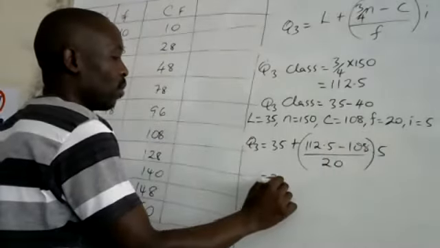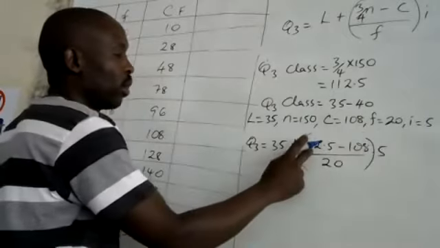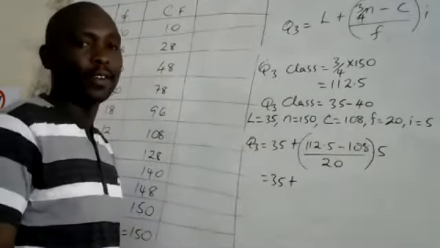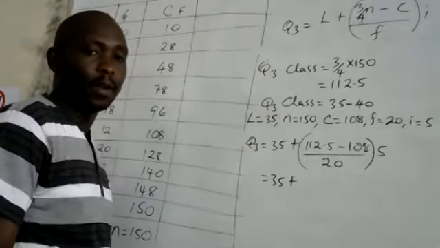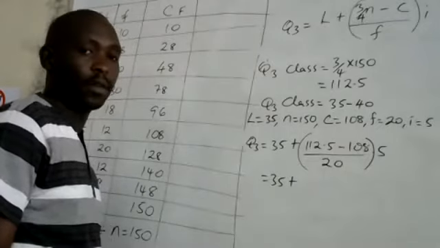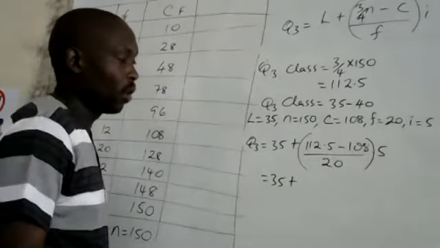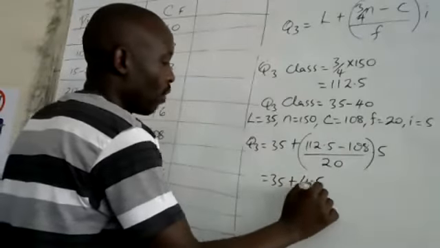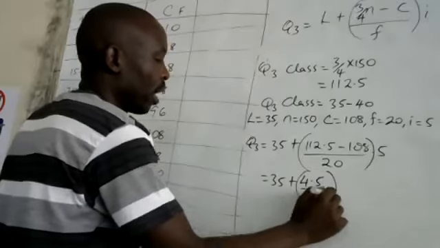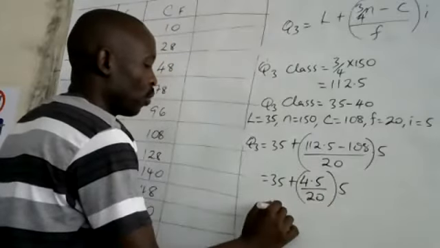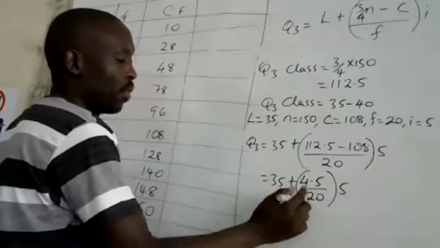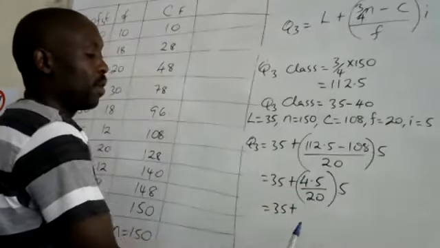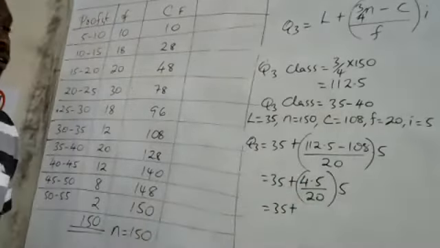This one is equal to 35 plus, what is 112.5 minus 108? 4.5. 4.5 over 20 times 5, which will be equal to 35 plus, and you do this computation for me, 4.5 divided by 20 times 5.